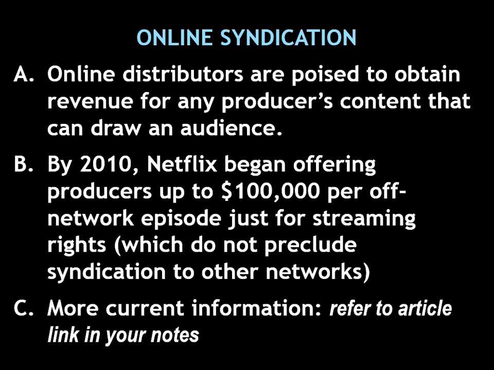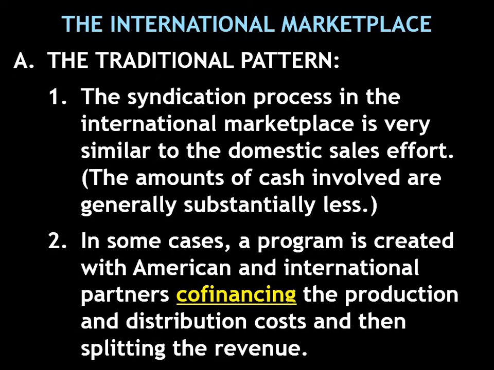Many times it will be exclusive to their particular platform, but that's not always true either. There's an article in your notes that you may want to refer to if you'd like more information about how syndication works in the online environment and some of the logistics that happen there.